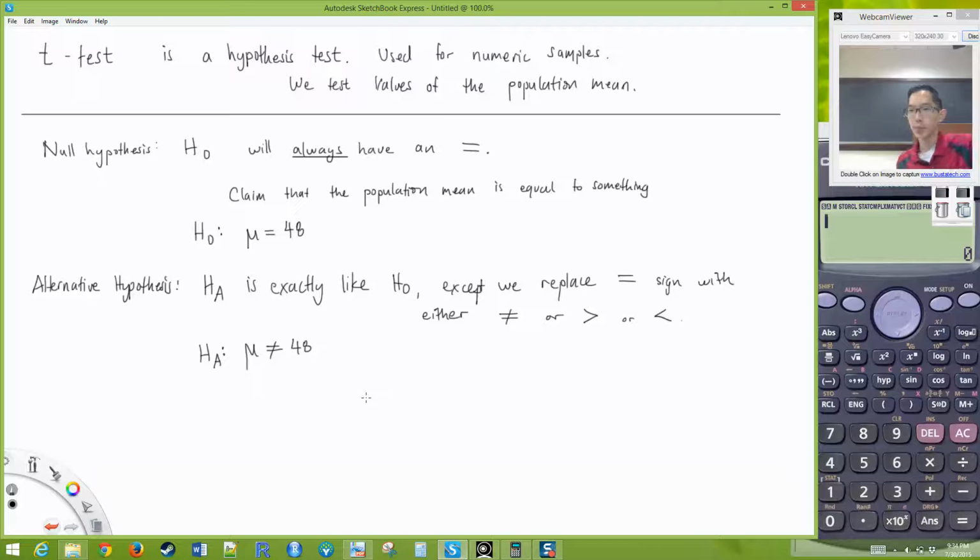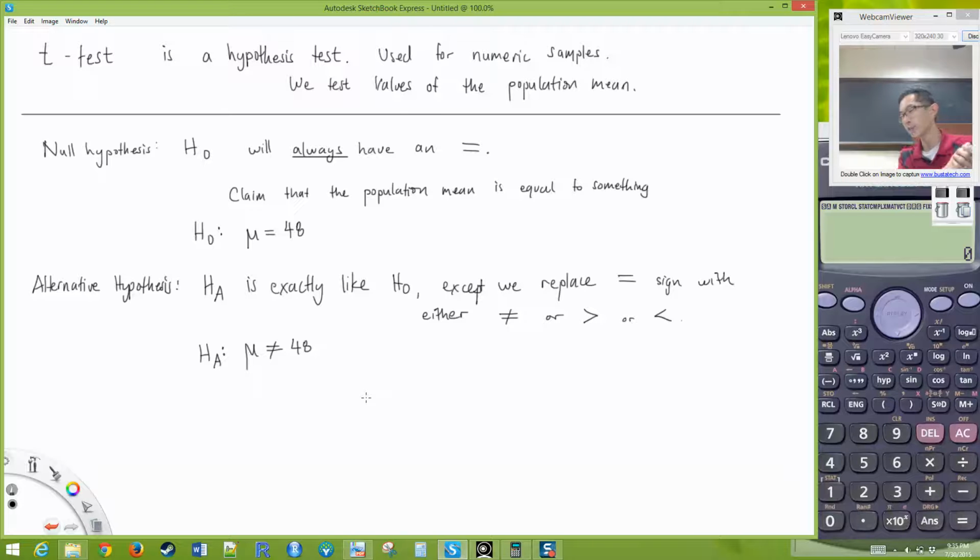And then we go through the same process and we ask, if the null hypothesis indeed is true, if the population mean is 48, then I expect my sample means to be around 48. And if that's the case, what's the probability that I get a sample where the mean is 45?